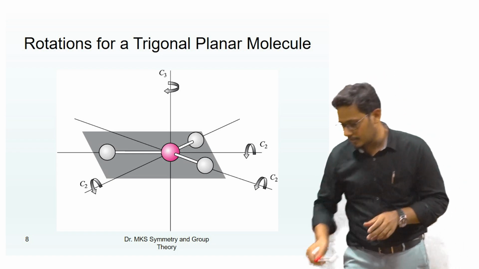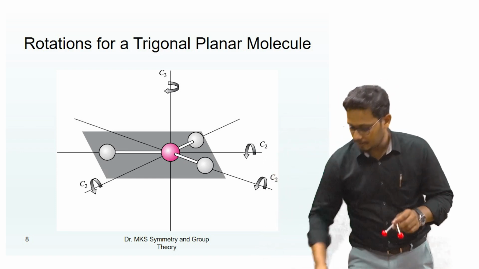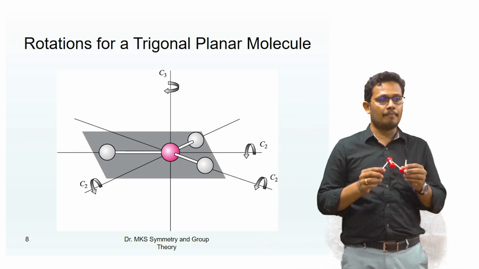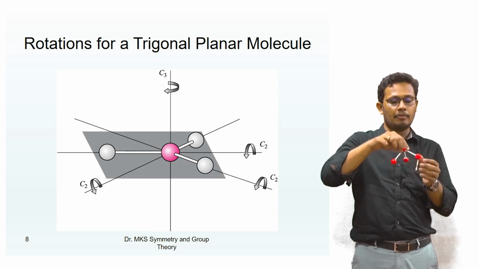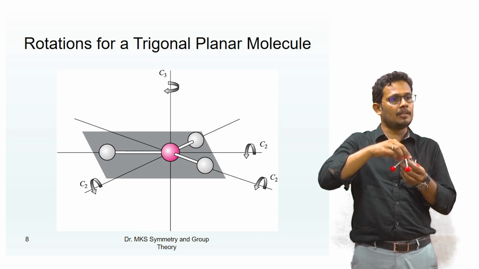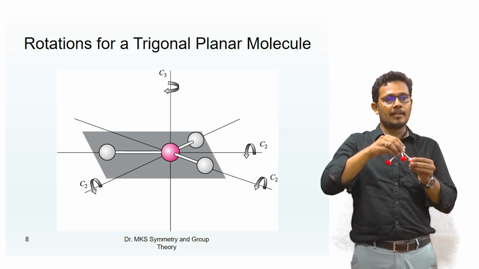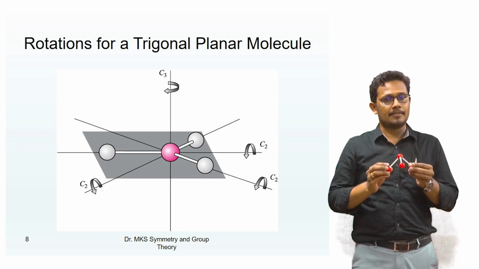Consider another example, ammonia. As I said, it has three rotations of 120 degrees. If you rotate three times, you get an indistinguishable configuration. Along with that, we have three sigma planes.